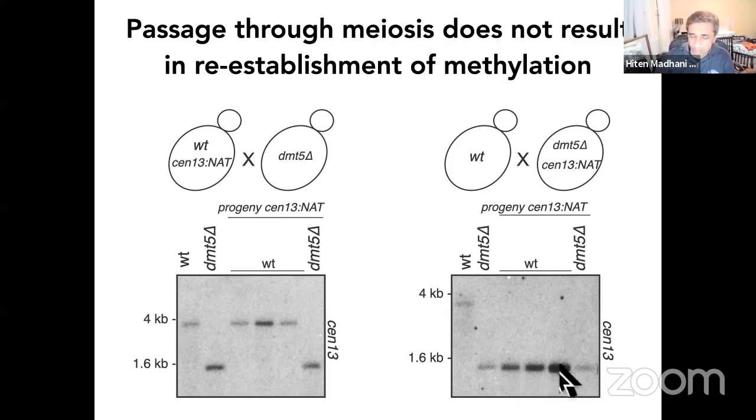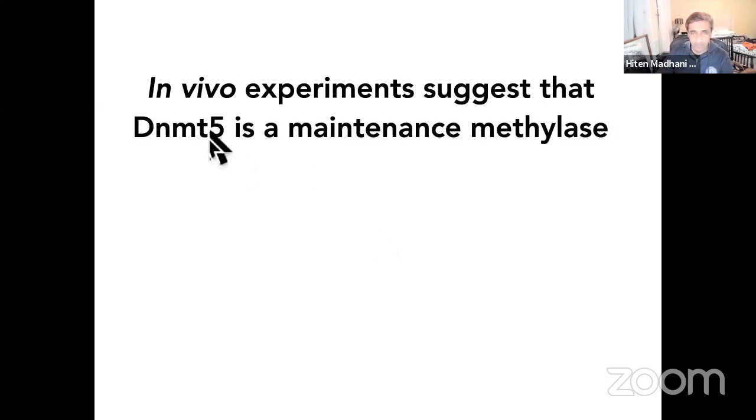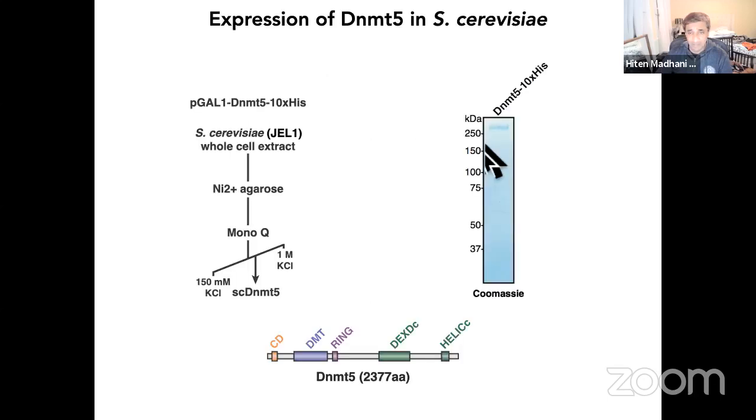So in any number of ways, we found that once you lose DNA methylation, it doesn't come back, which all suggests that DNMT5 is a maintenance methylase, a rather pure maintenance methylase: once you've lost DNA methylation, that's it. So we asked whether it really was a maintenance enzyme by expressing it in yeast, Saccharomyces cerevisiae, which of course doesn't have DNA methylation, and purifying it.